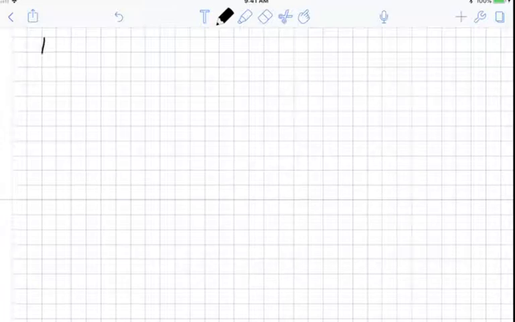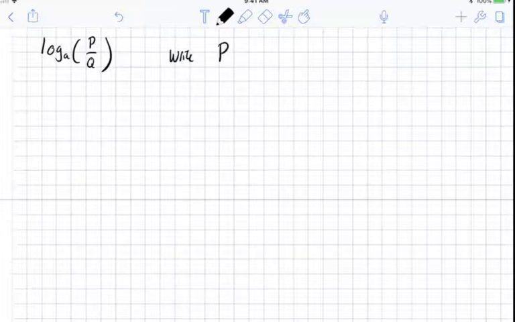So log a of p over q. First, write p as equal to a, same base, to the power m, and q is equal to a to the power n, where m and n are just some numbers, right?